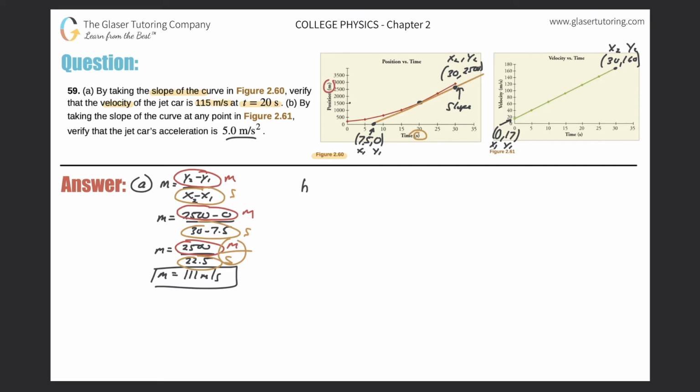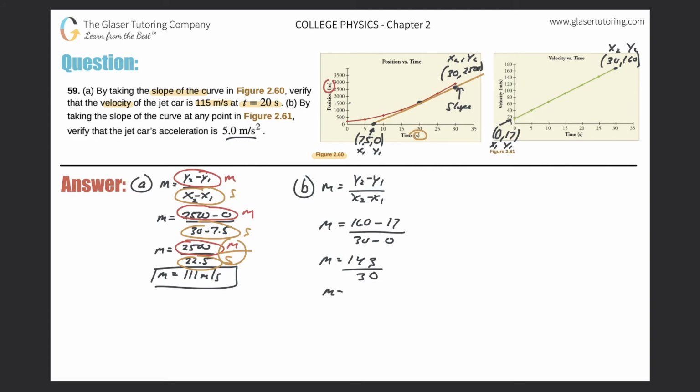Same thing now for letter B. Slope is equal to y2 minus y1 over x2 minus x1. So my y2 value was 160. My y1 value was 17. My x2 value was 30. And my x1 value was 0. So let's do some math. So the numerator should work out to be 143 over 30.